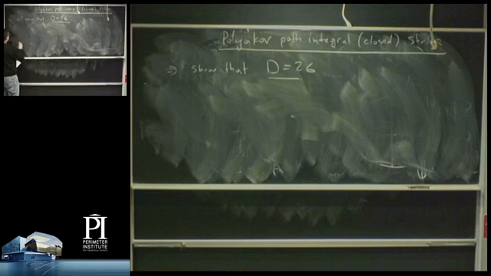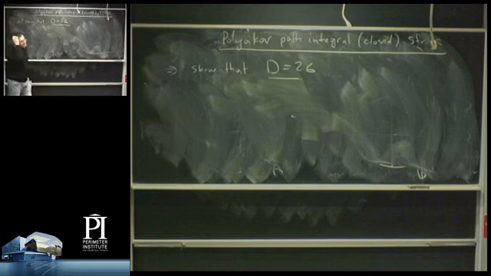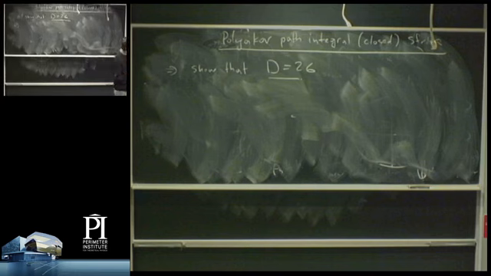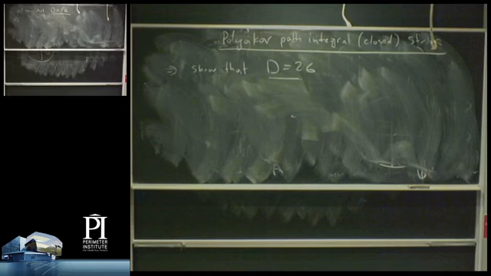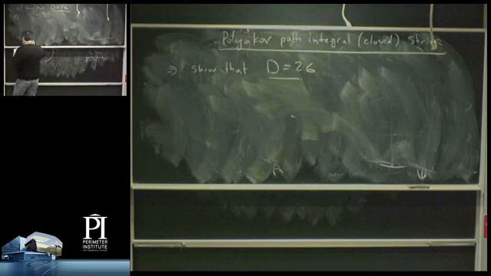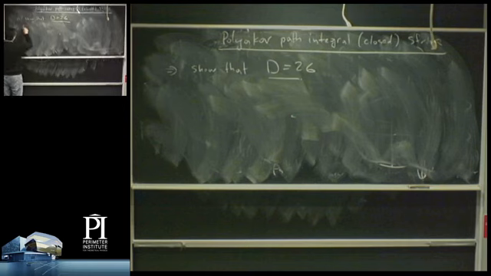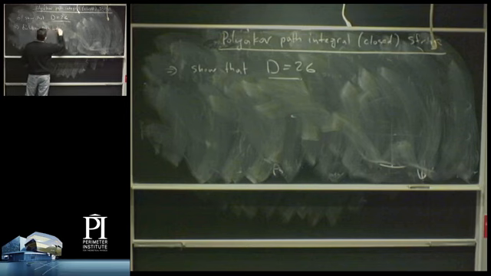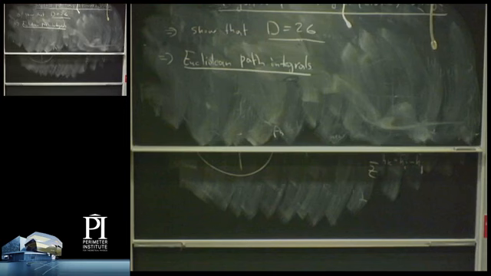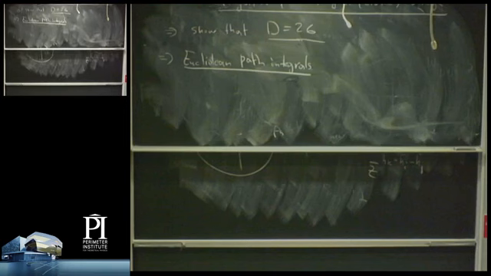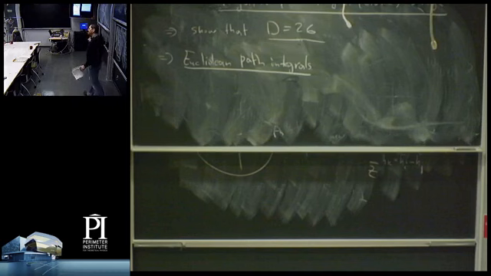Okay. So what we're going to do, again, is a Wick rotation and talk about the Euclidean path integral. In the case of two-dimensional quantum field theory, this is a well-defined procedure, though there is still a lot of discussion.